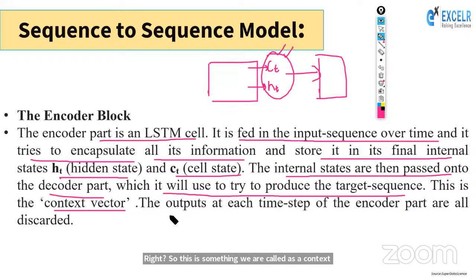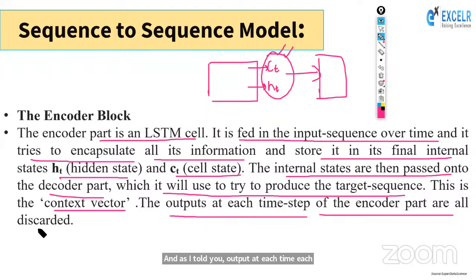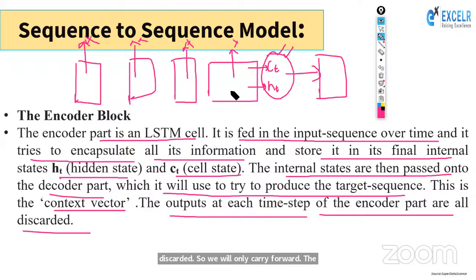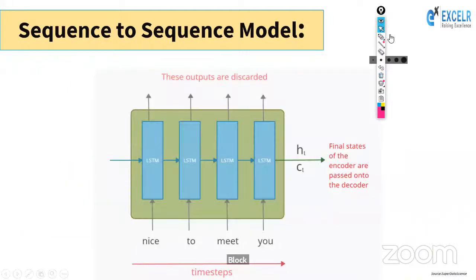And as I told you, the output at each time instant of the encoder part is discarded. So each and every output of the individual LSTM model is being discarded. We will only carry forward the hidden state and cell state output of the last LSTM cell in the encoder block. Okay, so this is what we have.